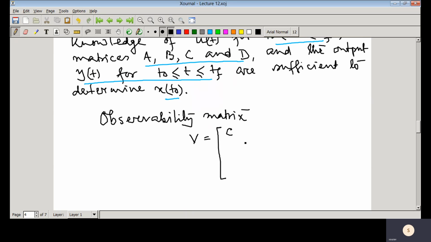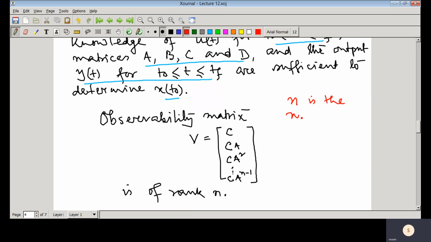So that observability matrix is C, CA, CA square, like that, up to CA to the power n minus 1. You need the observability matrix to be of rank n, where n is the number of state variables, like controllability.